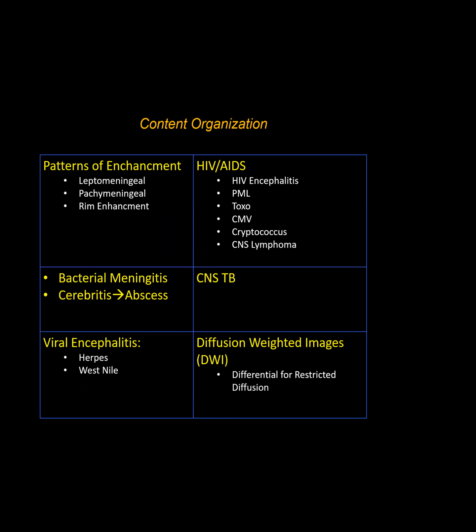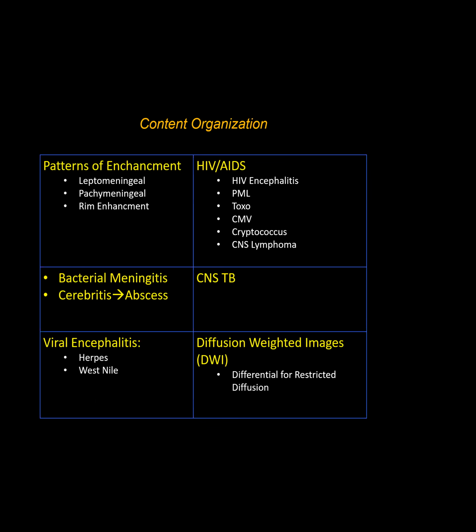There are lots of different things that can affect your brain in terms of different CNS infections. What I'm going to try to do today is just go over the major ones that I think you might encounter on a test or in clinical practice. I'm going to start off by going over different types of enhancement: leptomeningeal, pachymeningeal, and then the differential for rim enhancement.